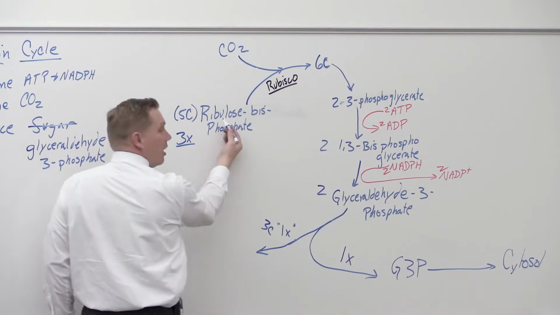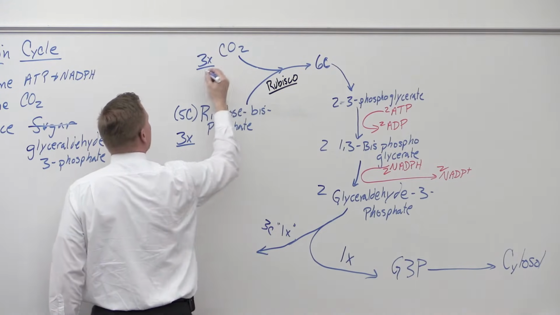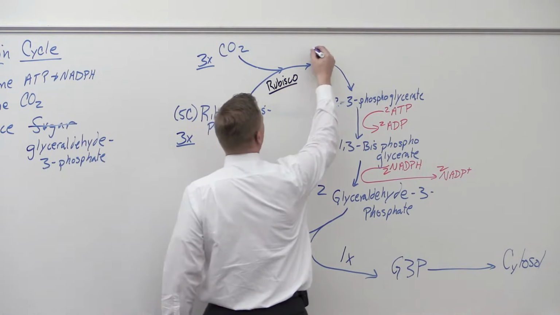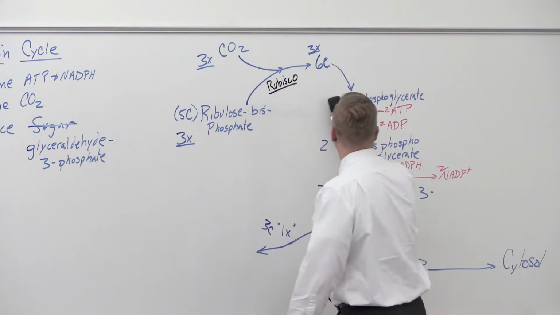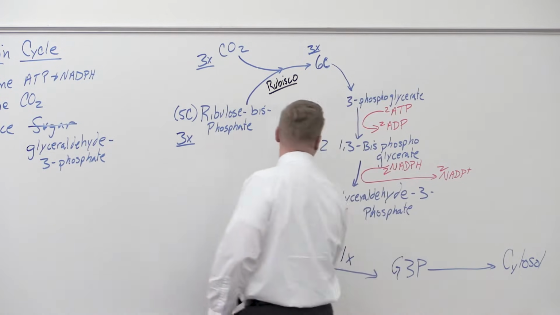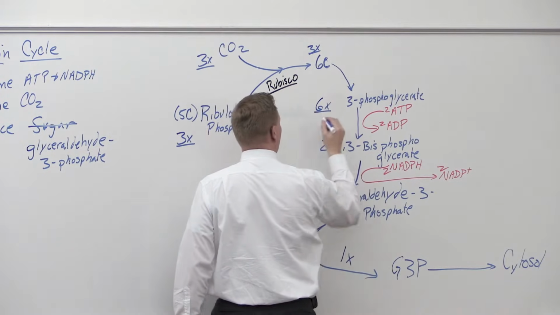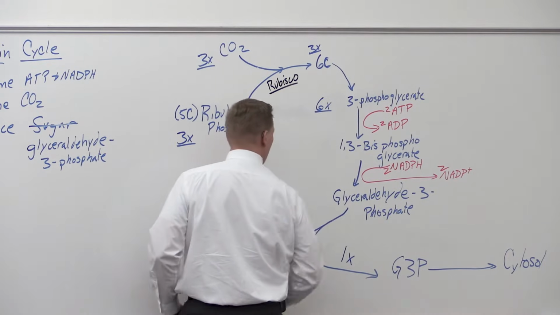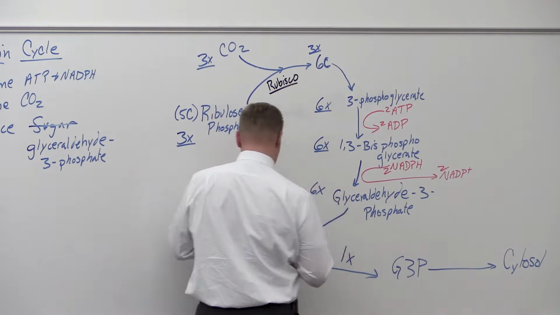Now, remember, each ribulose bisphosphate needed a CO2, so let's start with 3 CO2s as well. We come over here, we're going to have 3 6-carbon intermediates. And now, instead of having 2 3-phosphoglycerates, we're going to have 6. And we'll change all these numbers. We're going to have 6 of those, 6 of these, 6 of these.